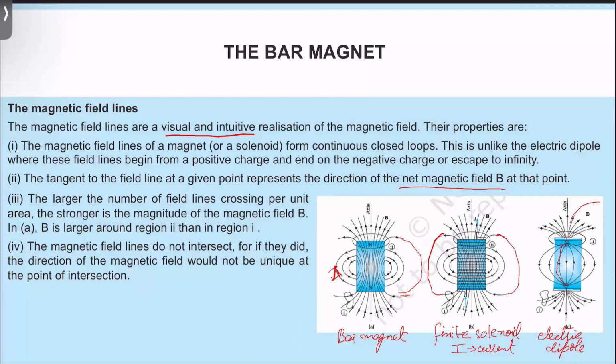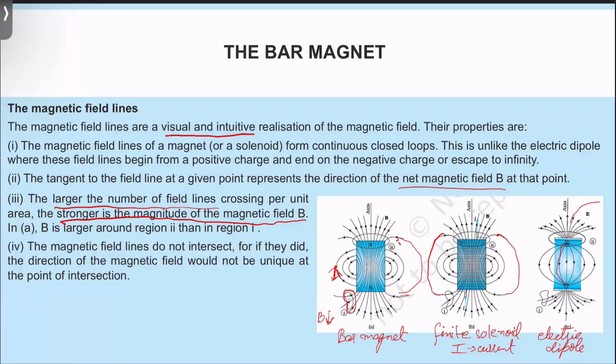The other property of the magnetic field lines is that the larger the number of field lines crossing per unit area, the stronger is the magnitude of the magnetic field B. Over here in A, you can see that B is larger in region 2 than in region 1, because a larger number of field lines are crossing in this region marked N. If you take an arbitrary region a little far away from the bar magnet, the number of field lines crossing through this area is lower, so B is going to be lower.